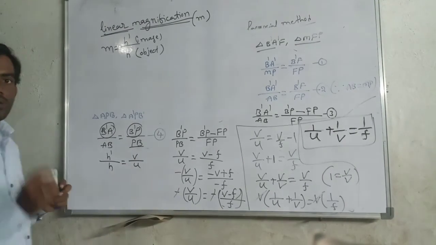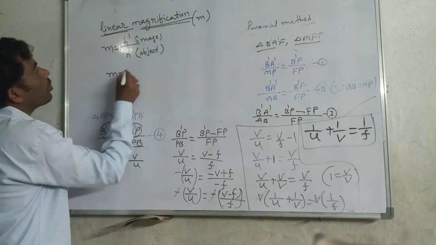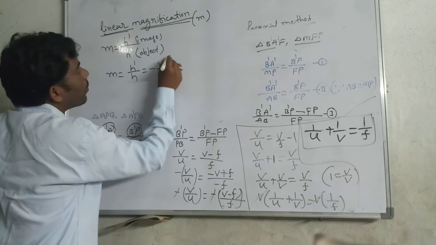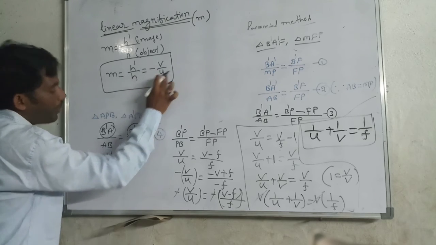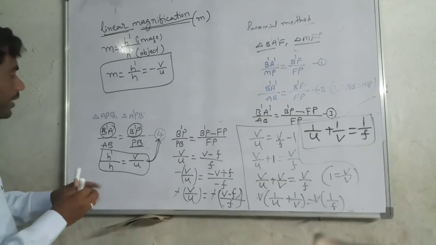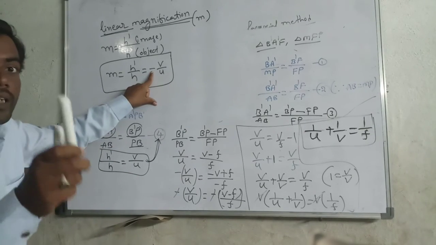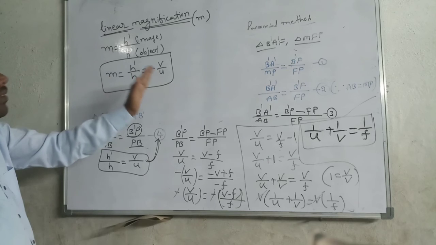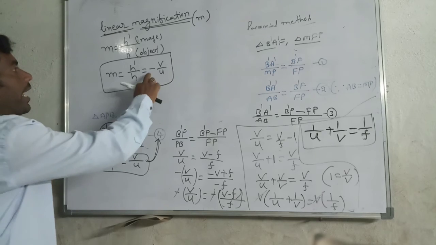It is U. Applying the sign convention, m equals h dash by h equals minus V by U. In this case we take minus because the object and the image are on the left side of the pole.